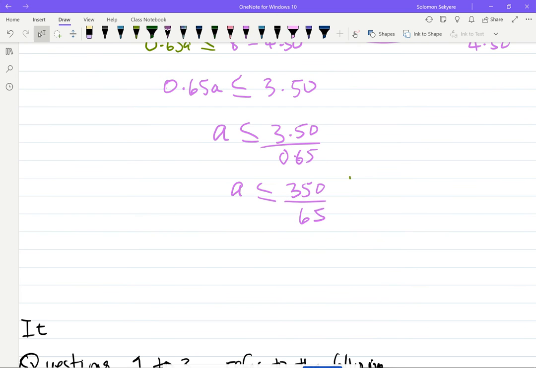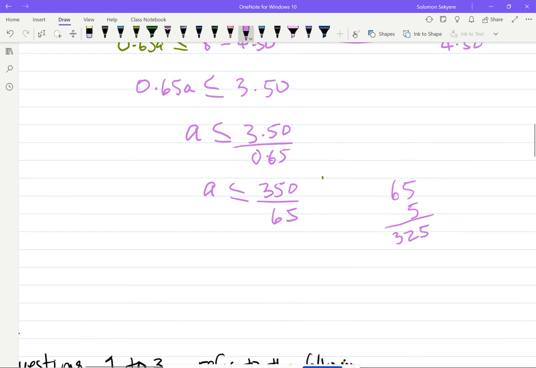Okay. And if you use your calculator, or if you're not allowed to use a calculator, let's see what is 65 times 5. Let's see where this is going to get us. 5 times 5 is 25, remember 2, 5 times 6 is 30, so it's 32, 325. Okay.